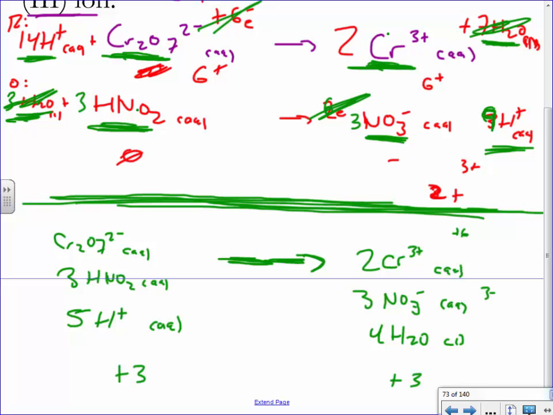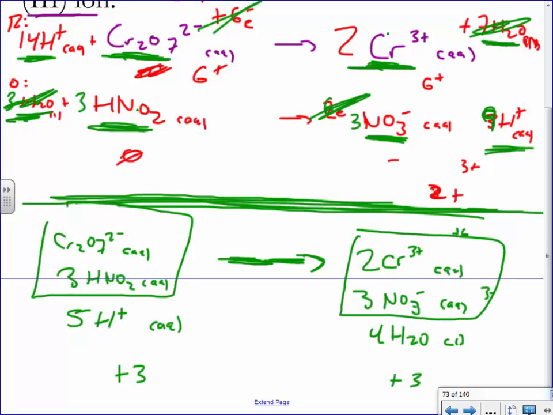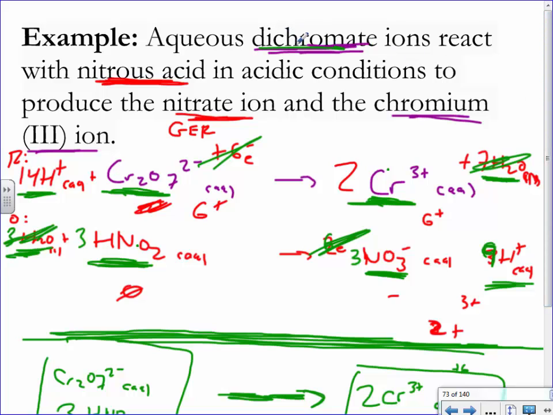This is a bit trickier than your standard grade 10 balancing equation though, isn't it? Because what's challenging about this one is that we actually had to write in our own equation. Our equation involved this stuff and this stuff right here that was stated above. It mentioned dichromate. It mentioned nitrous acid. It mentions a nitrate, and it mentions chromium.